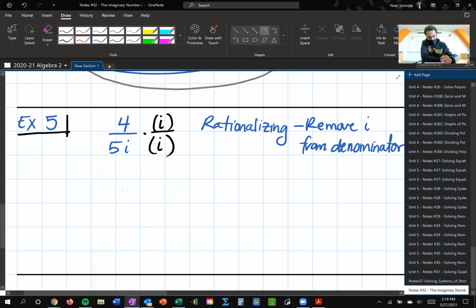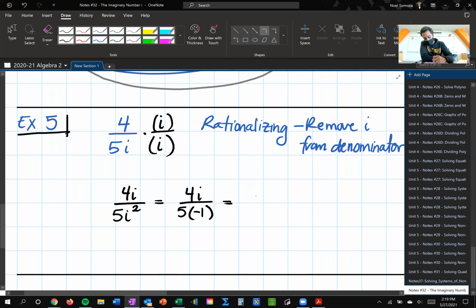Well, think about it. Now I multiply 4 times i, that's 4i, but now I have 5i times i, and isn't that 5i squared? So now what we have is 4i all over 5 times what is i squared? That's negative 1.